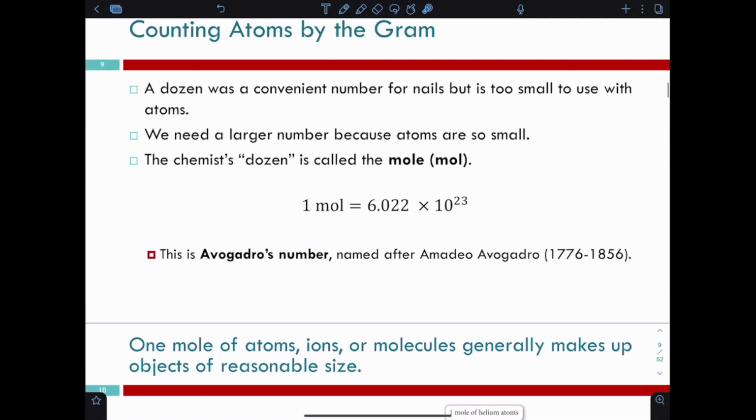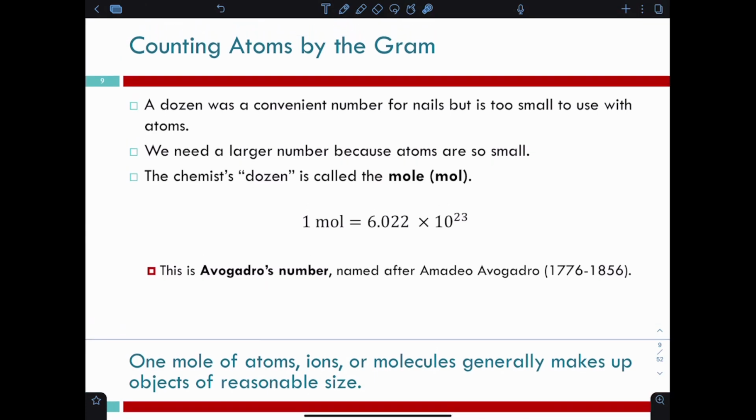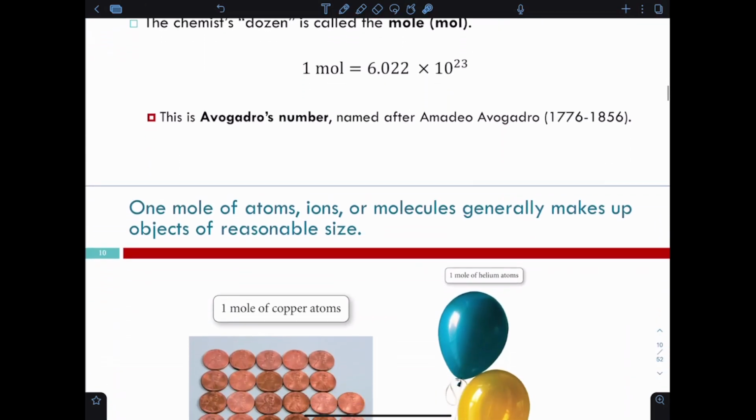So this is also called Avogadro's number. There are some great memes out there. They call it Avocado's number, but it's named after Amedeo Avogadro, who came up with the way to calculate that number.